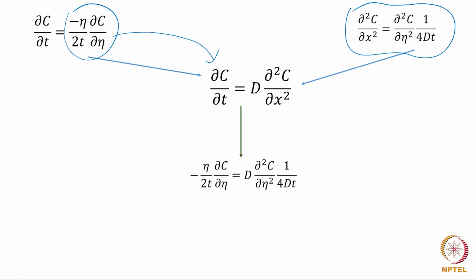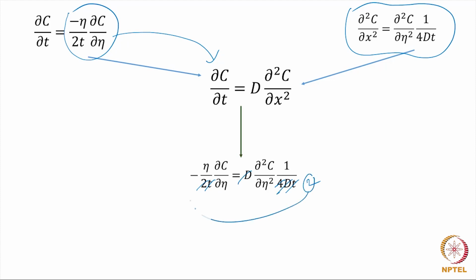Then quite straightforwardly, minus η by 2t ∂c/∂η is equal to D into ∂²c/∂η² into 1 by 4Dt. Here you could cancel out the t's, you have a 2 going off and a 2 there, and the D also gets cancelled out.